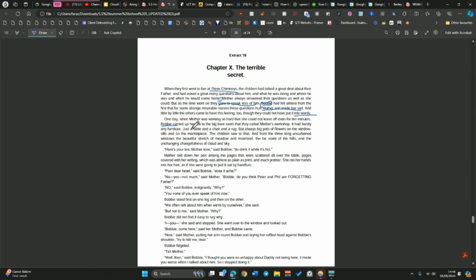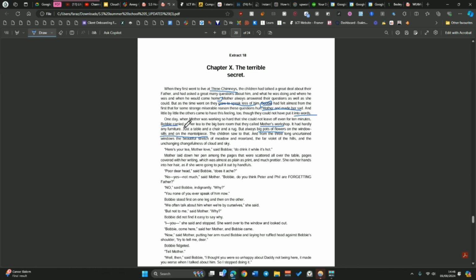So Bobby carried up her tea to a big bare room they called Mother's workshop. But always big pots of flowers on the windowsills in the mantelpiece. The children saw that, and from the 3 long uncurtained windows, a beautiful stretch of meadow and moorland, the far violet of the hills, at the unchanging changefulness of cloud and sky.